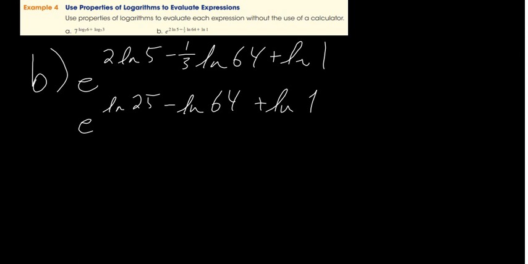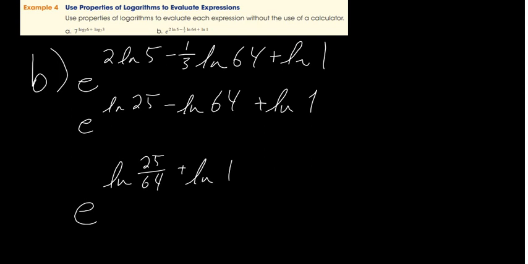We're going to write this as a big e. So we've got a big e, and then we're going to put a 25. Oh, natural log of 25 over 64. Okay, and then it is a plus the natural log of 1. Well, we'll go and put that right now just so people don't get lost here.